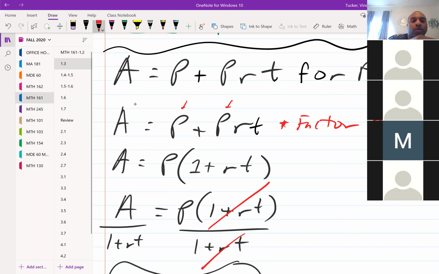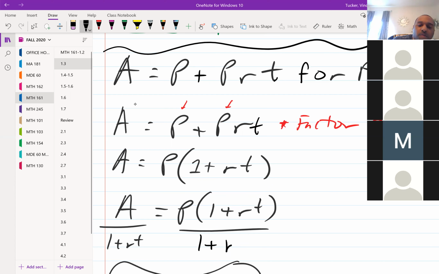If I were to distribute this back, I get back P and PRT. So that's where that comes from. I just pulled P out of each of those terms, and it leaves me with A equal to P times 1 plus RT. And from there, I divided both sides by 1 plus RT.